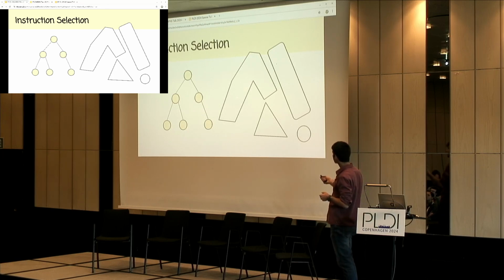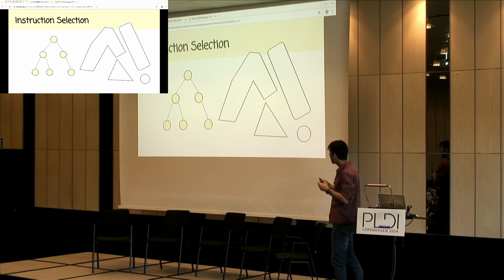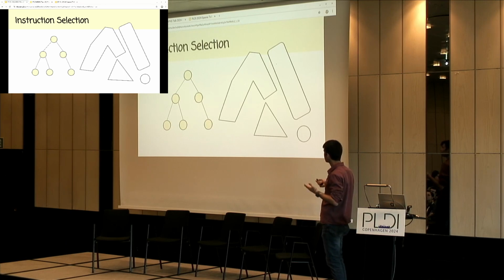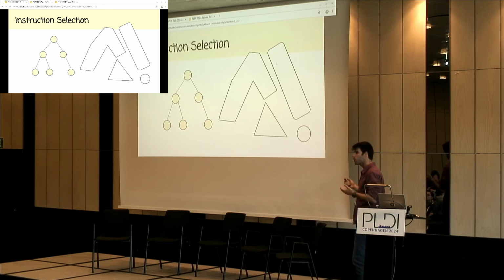If we take our biggest shape and apply it to the obvious place here, then we're left with these two nodes, which we can cover with our unit templates here. And that works, but this is a situation where the greedy approach does not lead to the optimal solution. As you can see, the other two shapes are in fact the one that leads to the optimal solution. We can cover this tree with two shapes using the triangle over here and the bar over here.